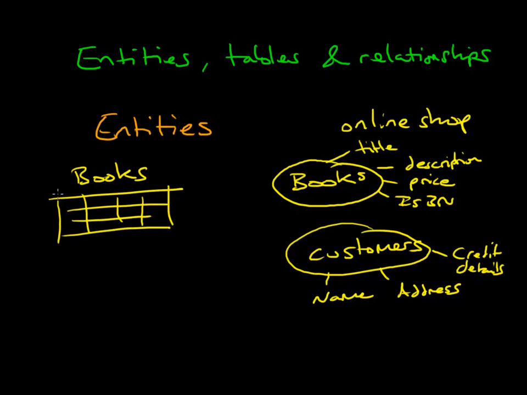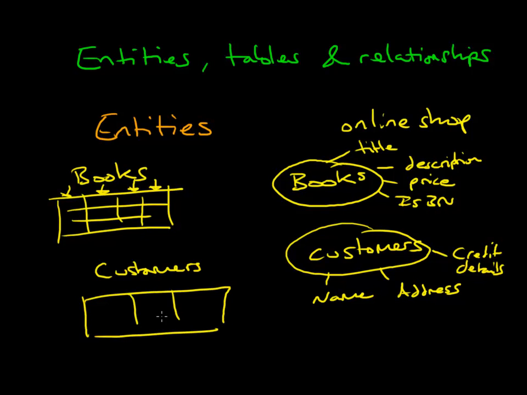And so we'll be putting the title in here, the description in here, the price, and the ISBN code. And then we'll have another table for our customers, and so our customers table is going to store the name of the customer, and it's going to store the address and their credit card details. So entities, which are things in the real world, we can then store inside a table in a database.